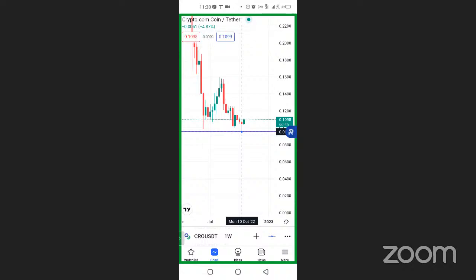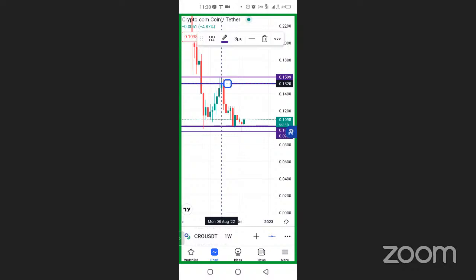Now we look at where the last green candle closed, all right? So that is our support area. Now we go to the nearest highest point in the market. It's here. Then we draw another line where the red candle started from. You see? Okay, now that is our support area, right?